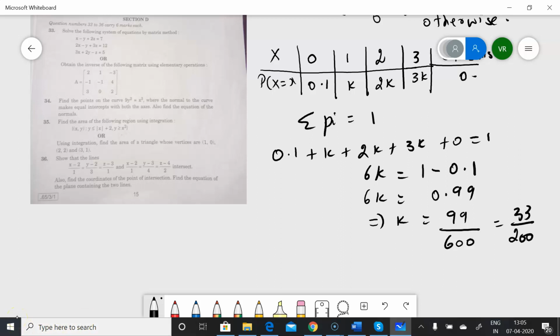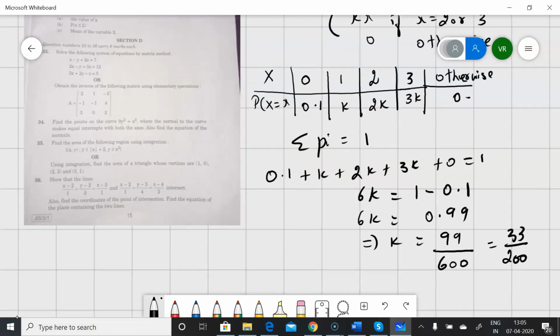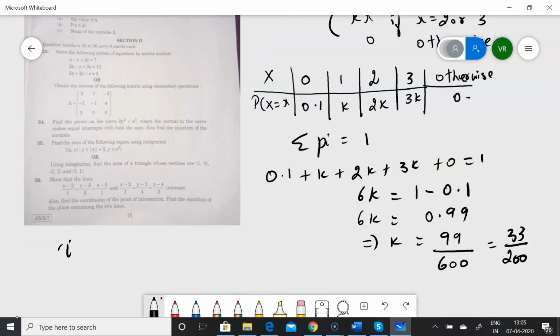Now, he's asking you to find out. So we have found out the value for k is 33 by 200. So first part is being solved. K is equal to 33 by 200. Now coming to the second part, P of x lesser than or equal to 2.